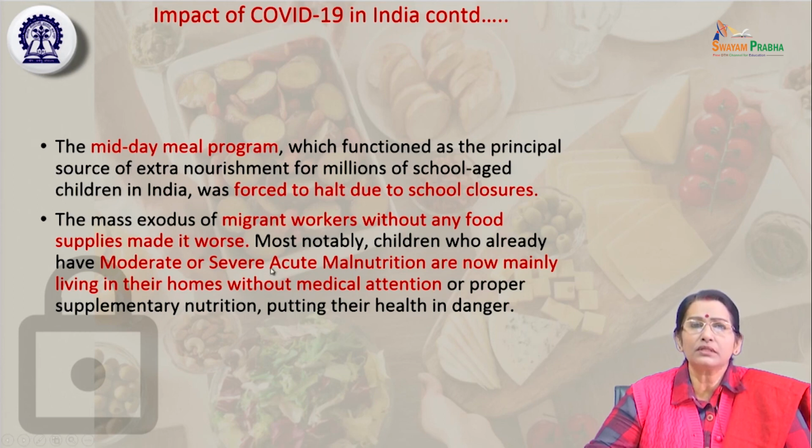So it made their life miserable. They experienced hell and very miserable conditions. Some of them also died on the way. That also caused severe to acute malnutrition for many families living without medical attention and proper supplementary nutrition.